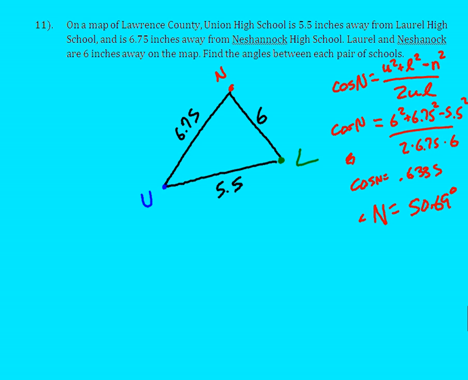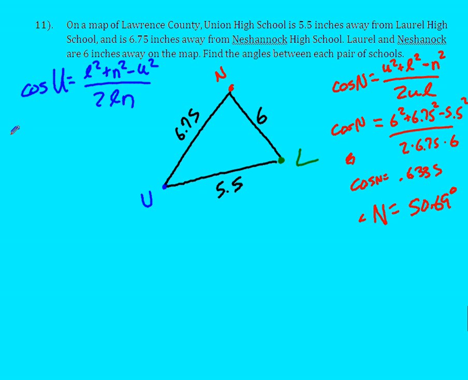In this case, it's going to be U, because 6 is smaller than 6.75. So I'll find next cosine of big U. I can do it using law of sines like I've done before, or I can use law of cosines again, whatever you're comfortable with. So I'll say L squared plus N squared minus U squared over 2LN.